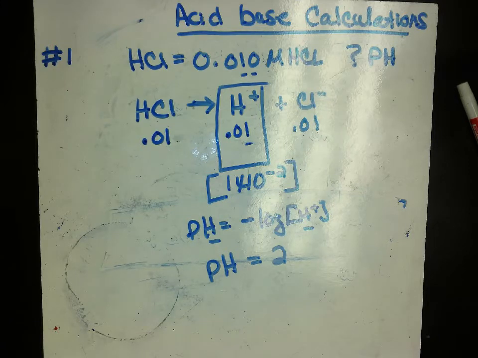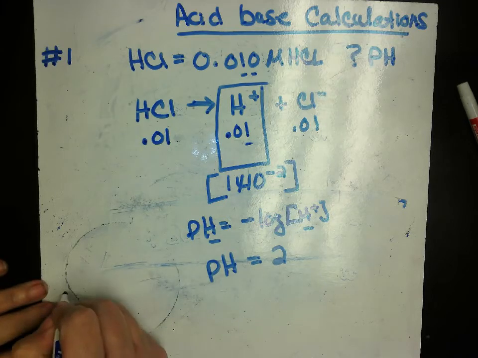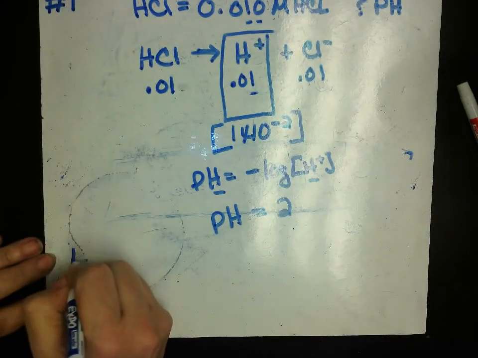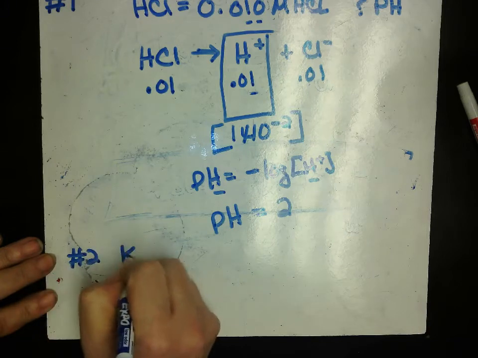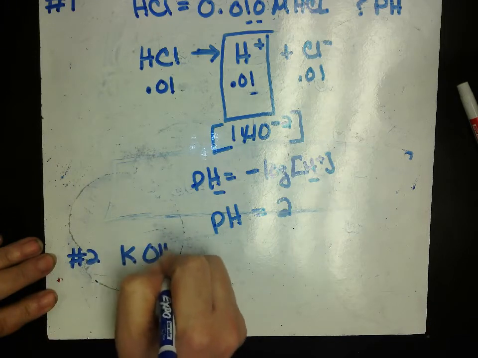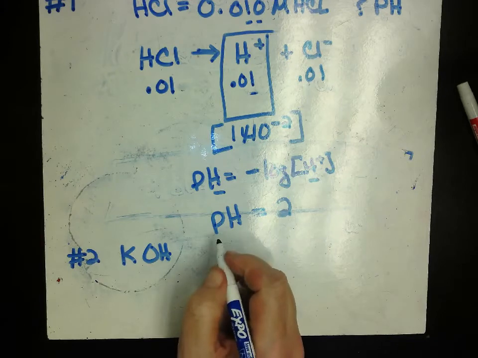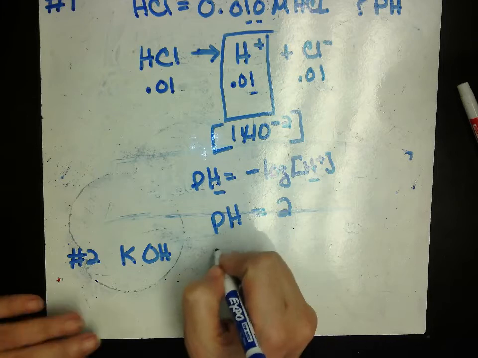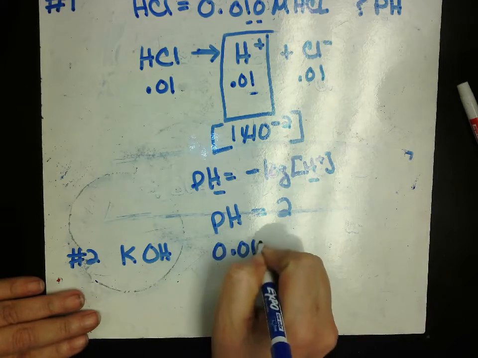Number 2, I just set up for you so you could see what was going on. Number 2 is KOH, and the molarity for that is 0.01 molar.